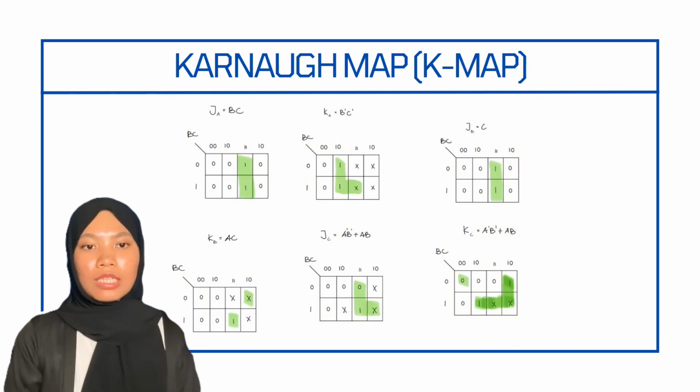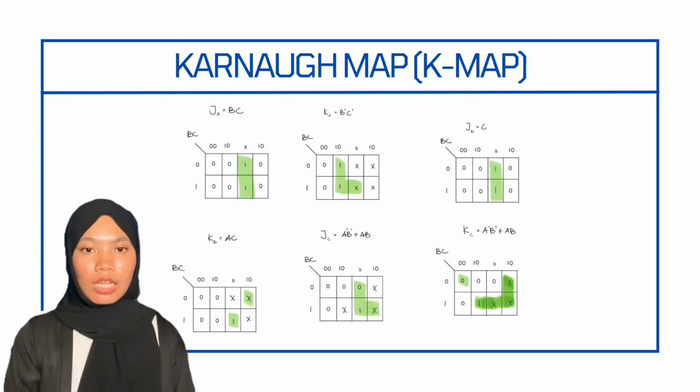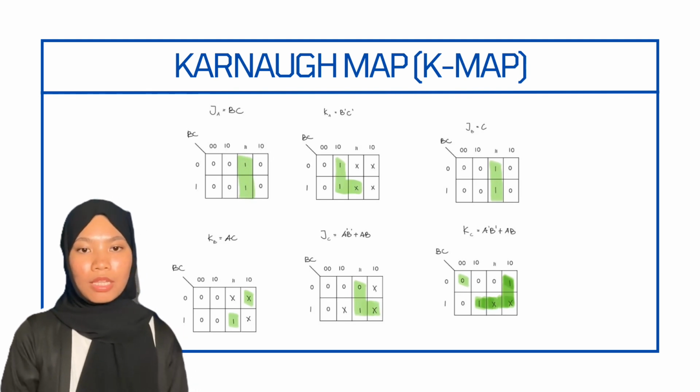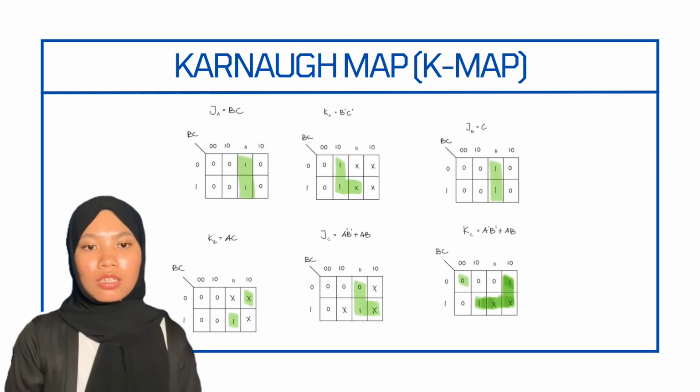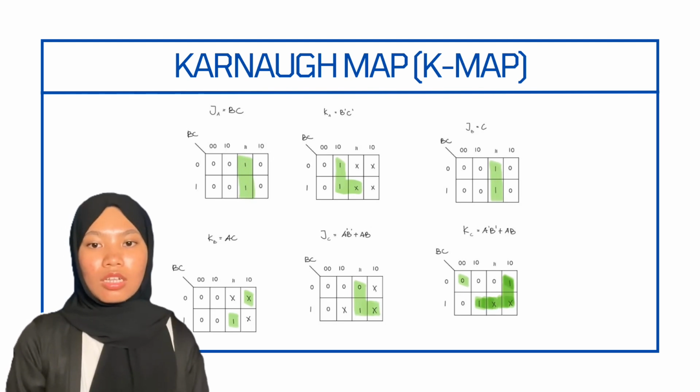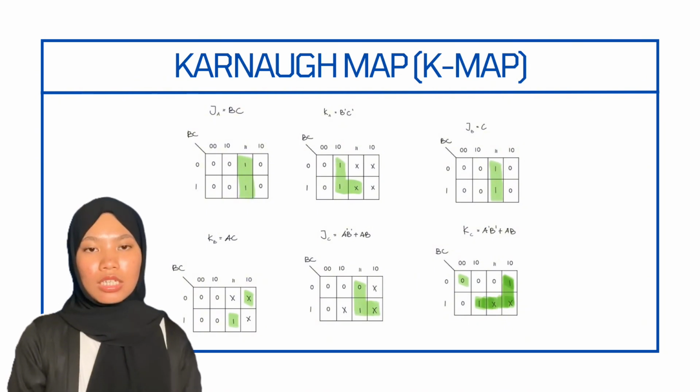For flip-flop B, JB equals C and KB equals AC. For flip-flop C, JC equals A B bar plus AB and KC equals A bar B bar plus AB. These equations serve as the theoretical foundation required to build the actual FSM logic circuit.